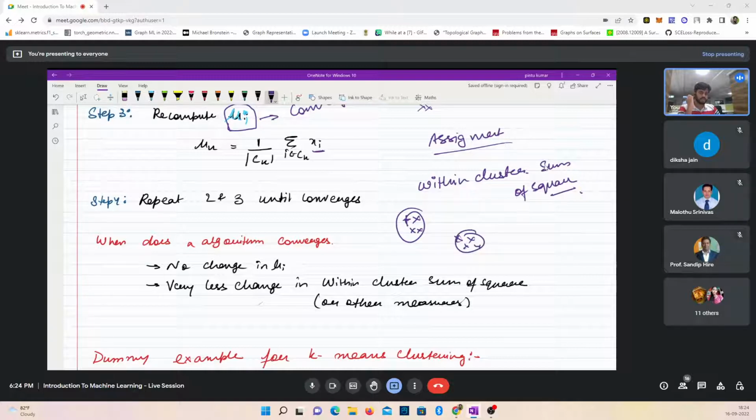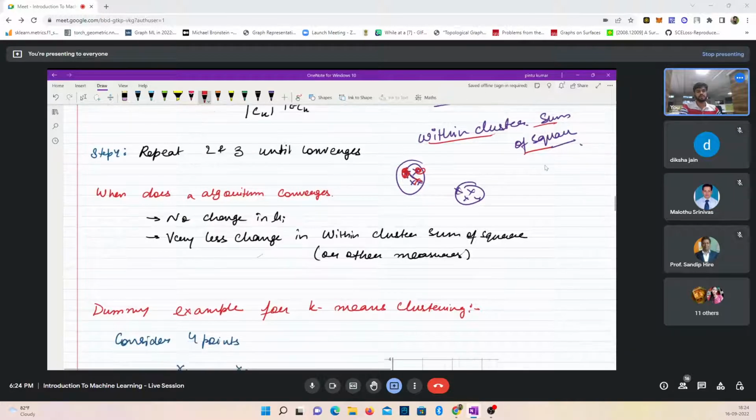We look at the distance between this and this point, then this and this point, and we sum these distances and keep accumulating. This is called within cluster sum of square. Across clusters we sum it up. And if there is very little change in this within cluster sum of square, then also you can stop the repetitive k-means steps.